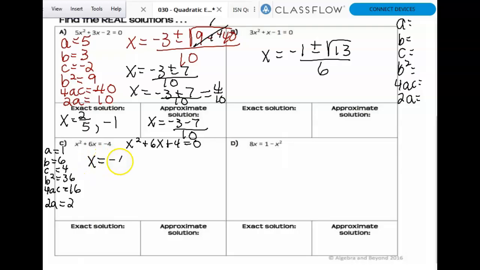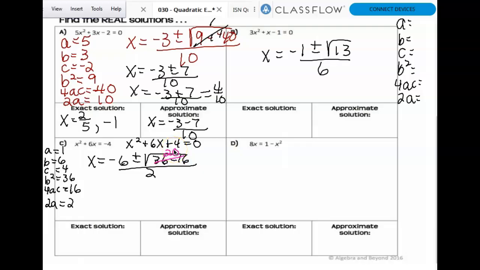I'm going to have negative 6 plus or minus the square root of 36 minus 16 all over 2. So I have the 36 minus 16 is going to give me what? 20. So I have the square root of 20 here.